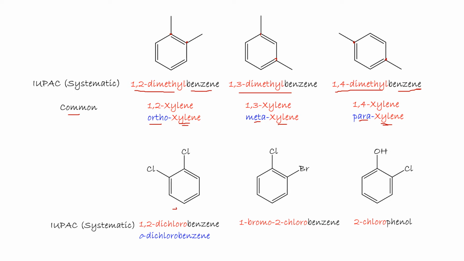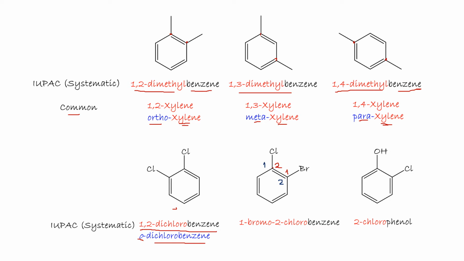For this compound, that's 1,2-dichlorobenzene or orthodichlorobenzene. There is no common name. Here we can call this 1 and 2, or we can call them 1 here and 2 here.